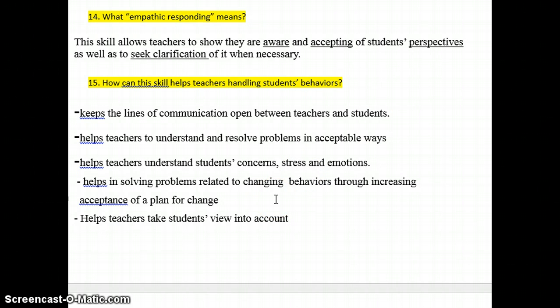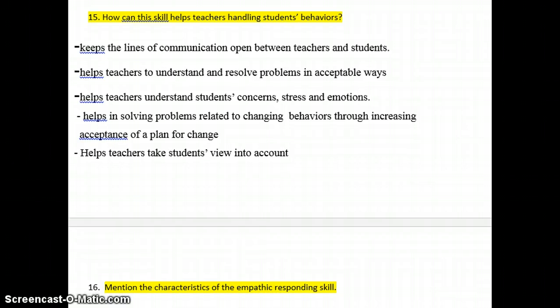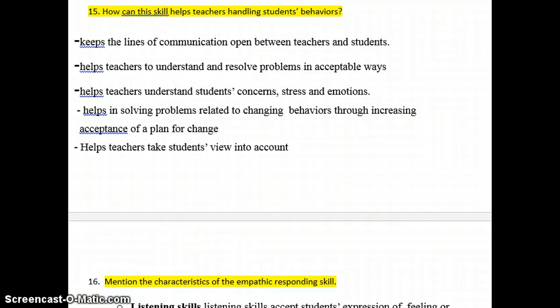14. The empathetic responding means this skill allows teachers to show they are aware and accepting of students' perspectives, as well as to seek clarification of it when necessary. 15. How can this skill help teachers handling student behaviors?